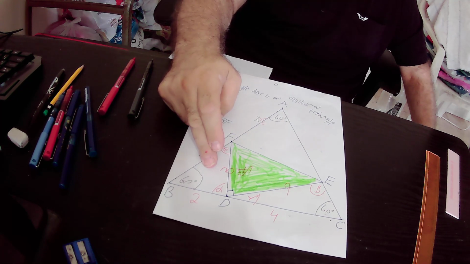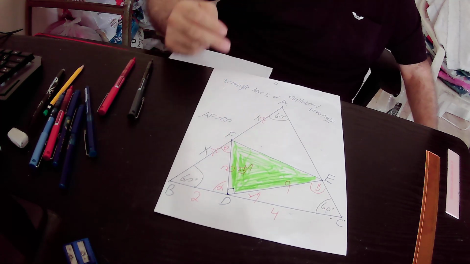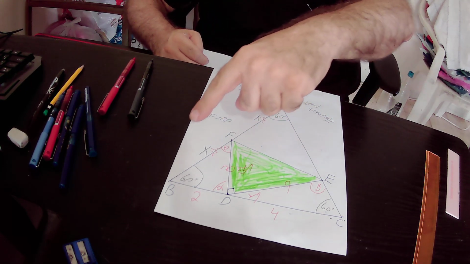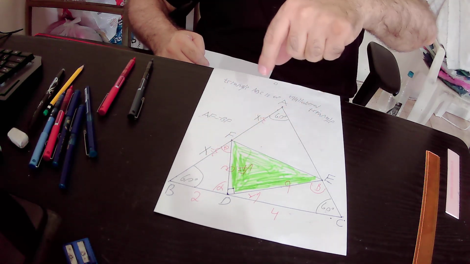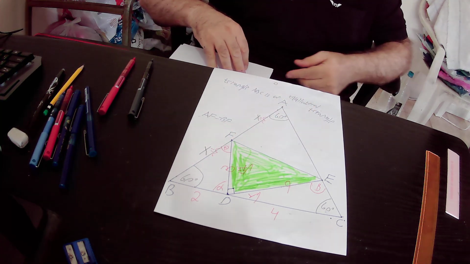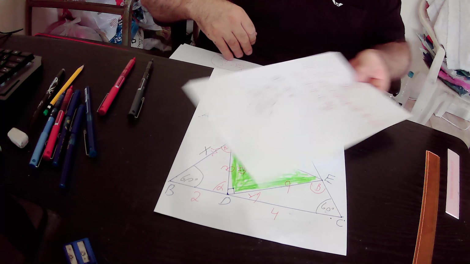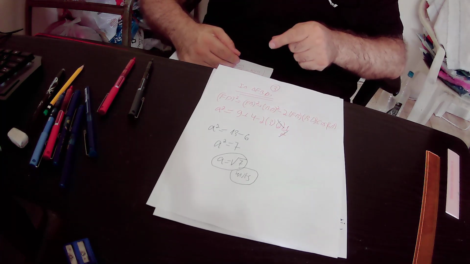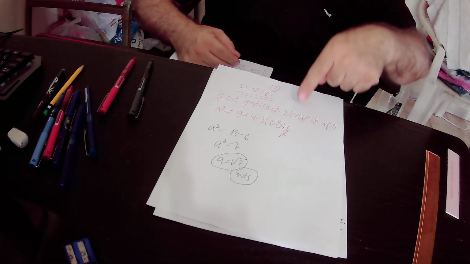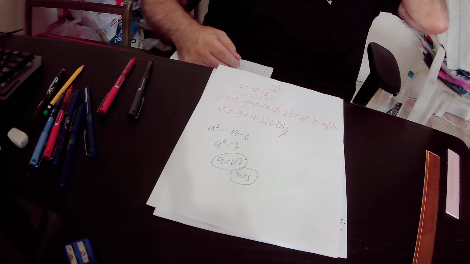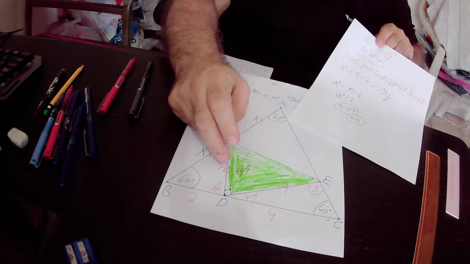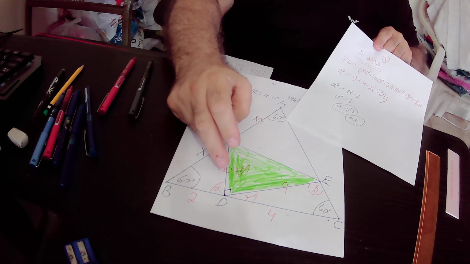According to the law of cosines, in the small triangle FBD, FD squared equals FB squared plus BD squared minus 2 times FB times BD times cosine 60 degrees. What is the value of FD? FD equals A, according to our definition.